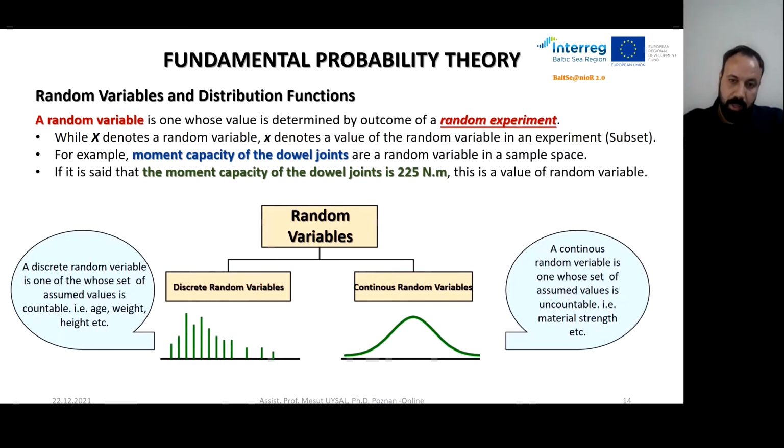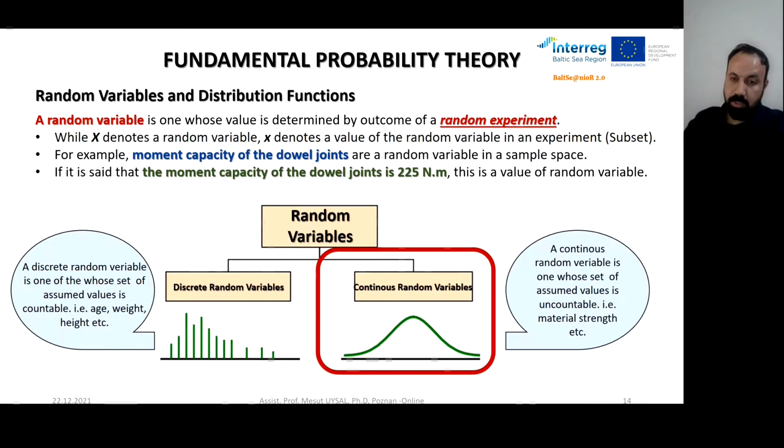That's why in engineering design, in a probabilistic approach, predictive analysis, and reliability analysis, we use continuous random variables and their distributions.